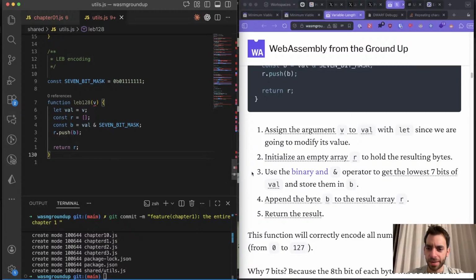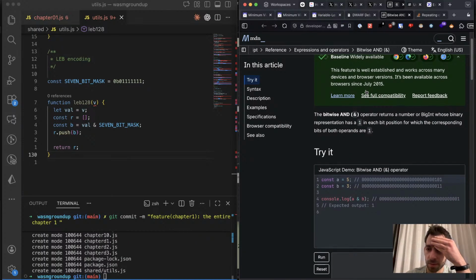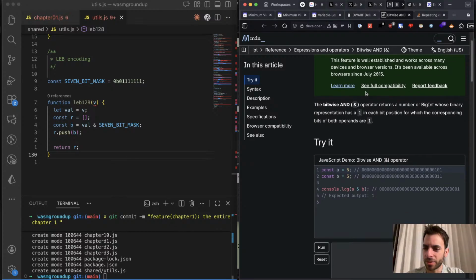Use a binary and operator to get the lowest bits. So very little knowledge. The bitwise and operator returns a number or BigInt whose binary representation has a 1 in each bit position for which the corresponding bits of both operands are 1.